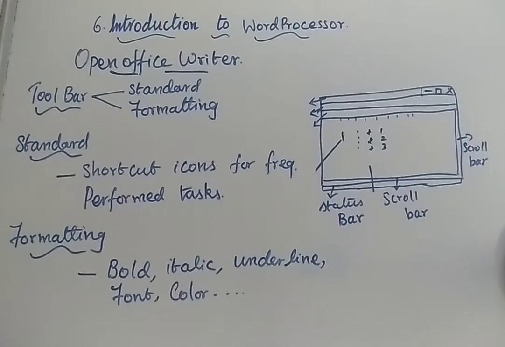Next is the formatting toolbar. It is seen just below the standard toolbar, and it consists of icons used for formatting the text, like bold, italic, underline, font, font size, color, etc. These are the points under toolbar.